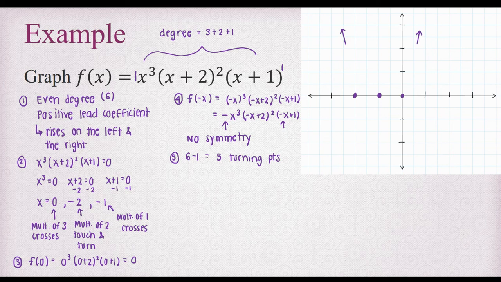I know that because I'm dealing with 0 being an odd multiplicity and -1 being an odd multiplicity, those are going to cross through. But then I know for my -2 being an even multiplicity, it's going to touch and turn.